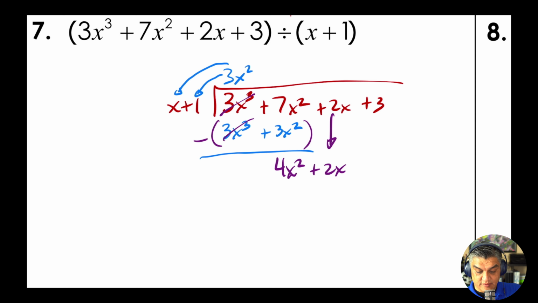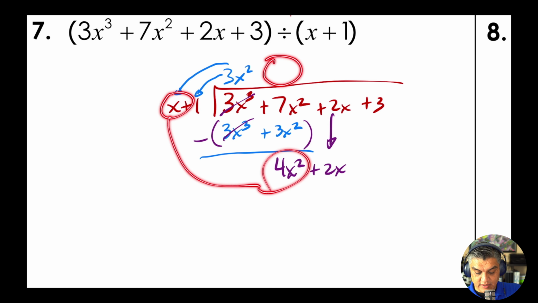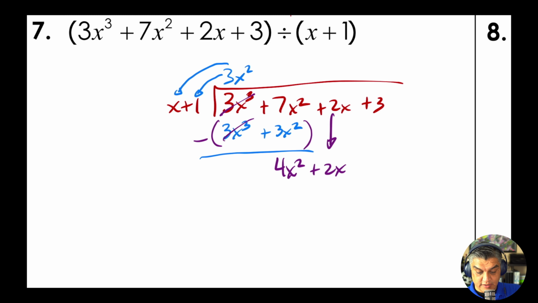And then I ask myself, what do I have to multiply x by to get 4x squared? Well, I need a positive 4. Then I have an x. What do I have to multiply x by to get x squared? Just an x, because x times x is x squared.